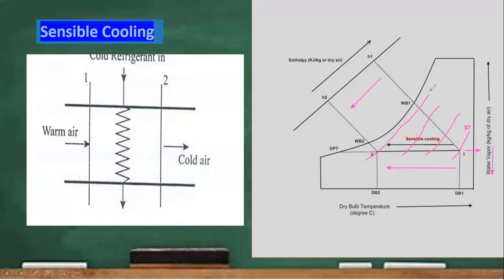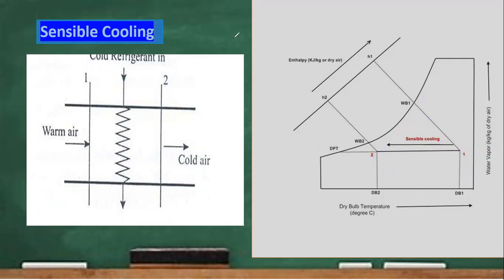So here 10%, and at point number 2 you will get approximately 70% or 80%. So the conclusion, point number 4, is that in sensible cooling the relative humidity increases. But in the previous case, in sensible heating, the relative humidity was decreasing. So these are the 4 points.